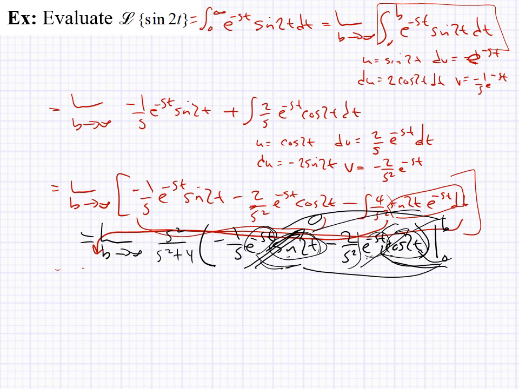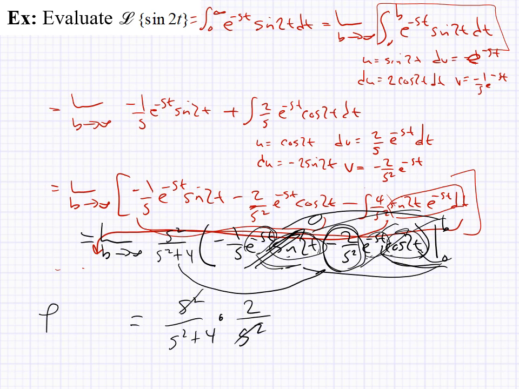So really I'm just going to get this negative 2 over s squared times this. So in the end, sum this all up, I get s squared over s squared plus 4 times 2 over s squared. These s squareds will cancel, so the Laplace transform for the sine of 2t is going to be 2 over s squared plus 4.